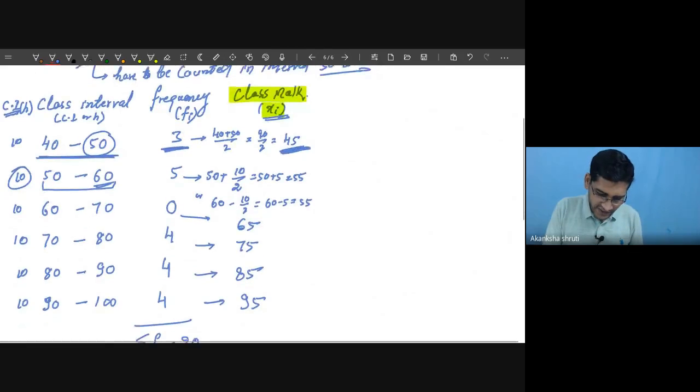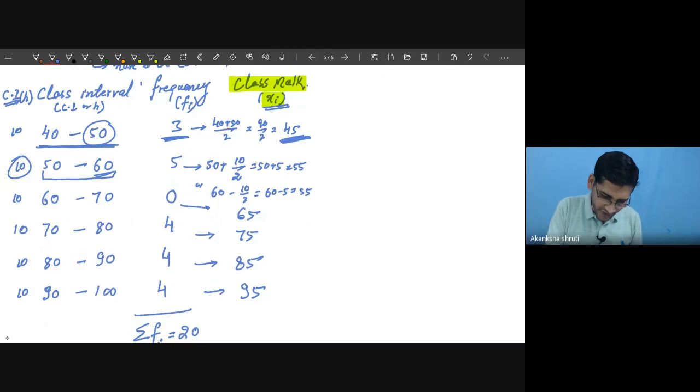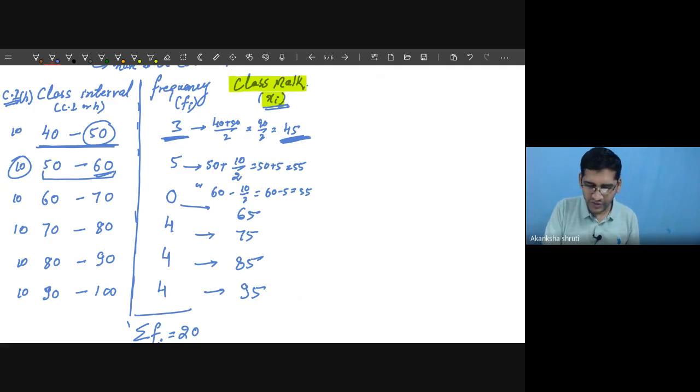So this calculation is always done in column form, where different columns are made. Let me draw that column also.